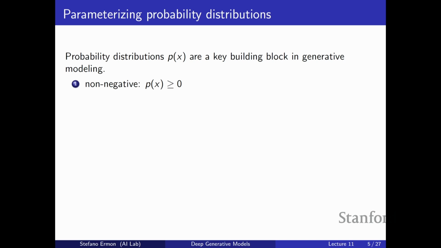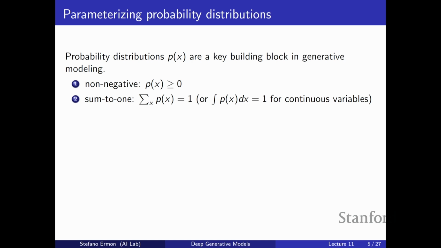These valid probability density functions, or probability mass functions in the discrete case, are special kinds of functions in the sense that they need to satisfy certain constraints. The first one is that they have to be non-negative. So given any input x, the output scalar that you get from this function has to be a non-negative number. And this, we'll see, is not a particularly hard constraint to enforce.